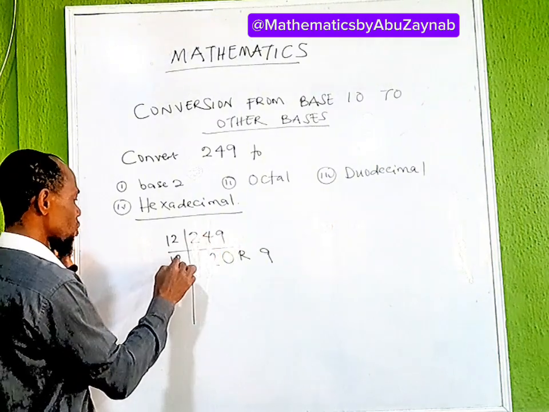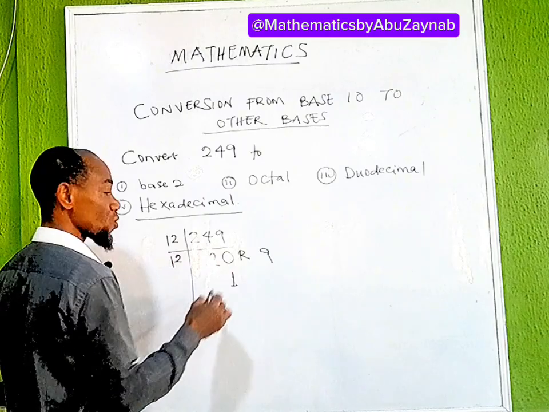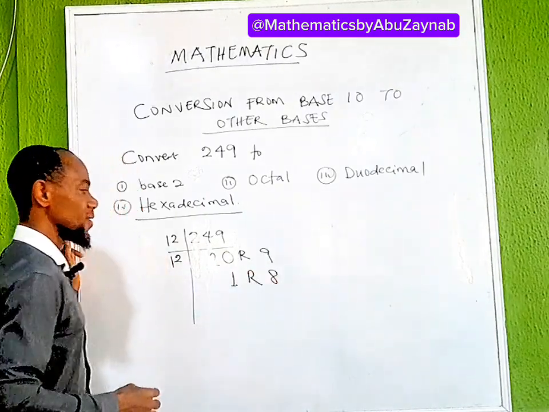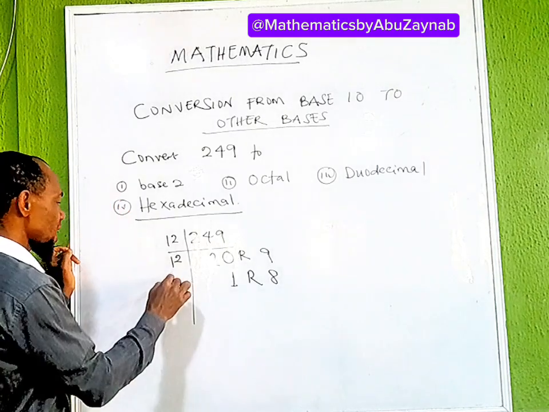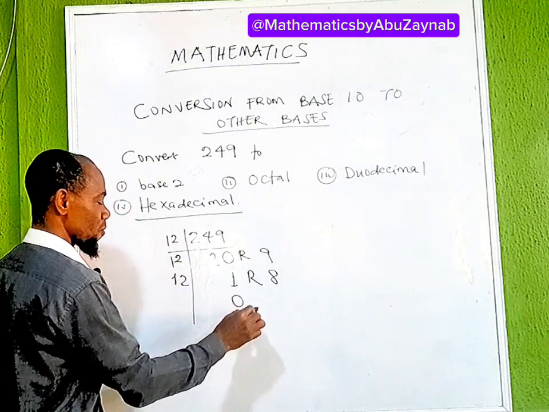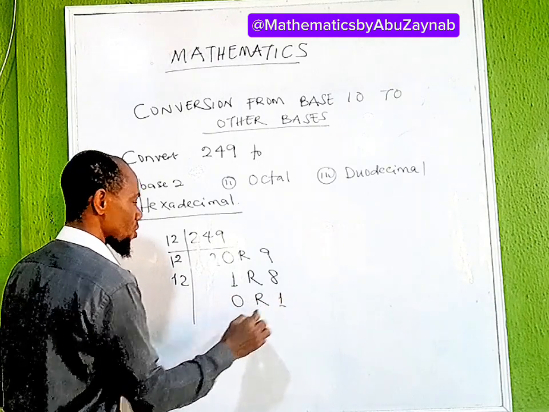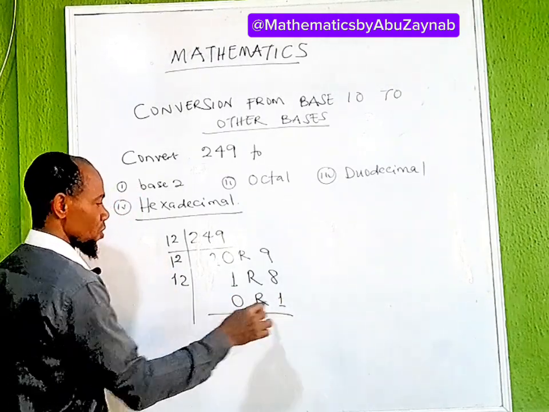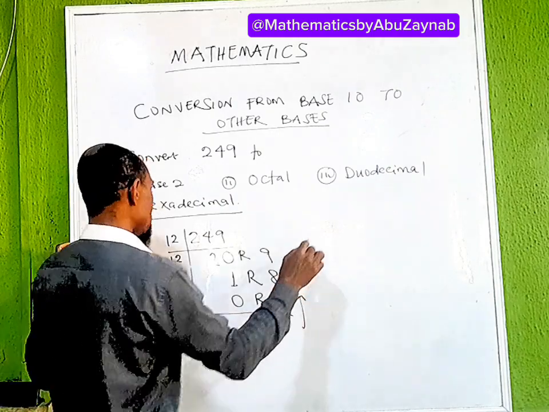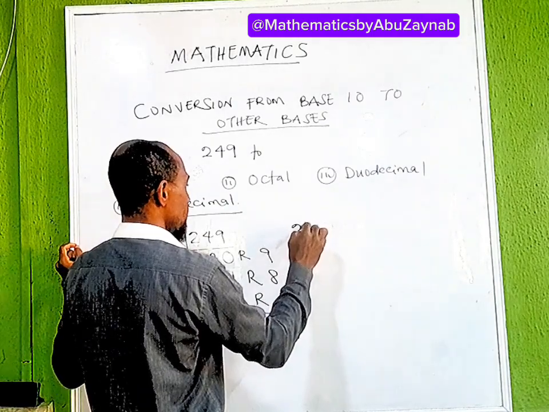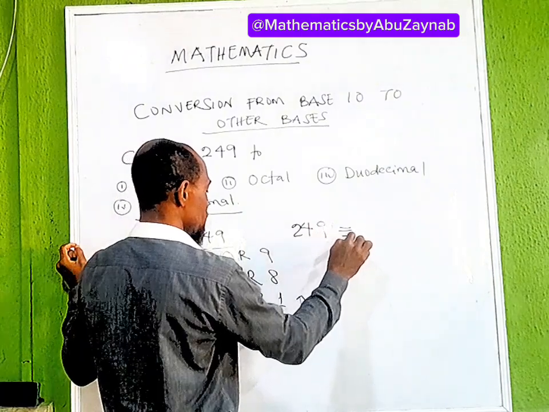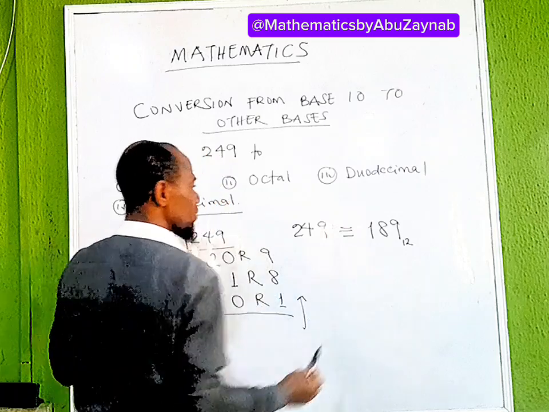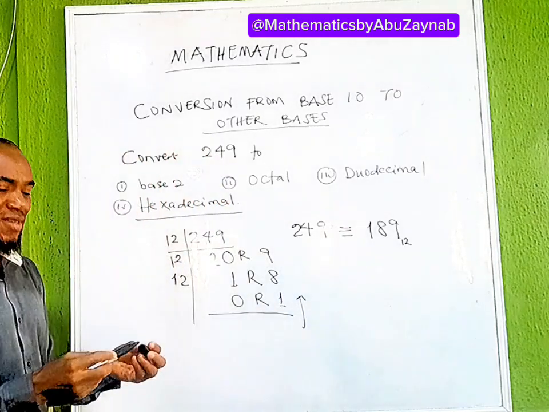So again, we go 12 in 20 is 1. 12 can only go once in 20, leaving the remainder of 8. And lastly, 12 in 1 is 0, remaining 1. Don't forget, the number above 0 automatically comes there. So we have 189. In other words, 249 in base 10 is equivalent in value to 189 in base 12, which is quite easy, I believe.